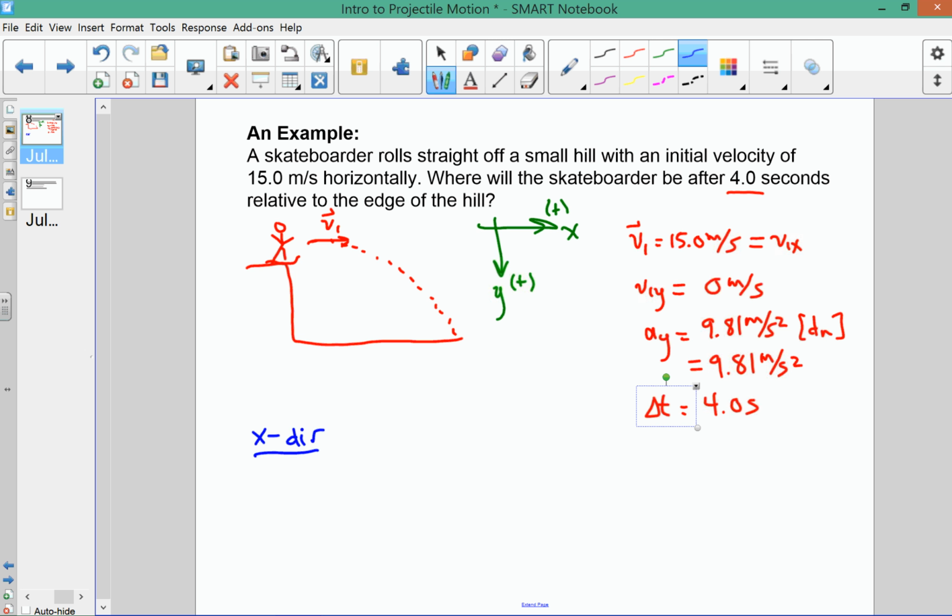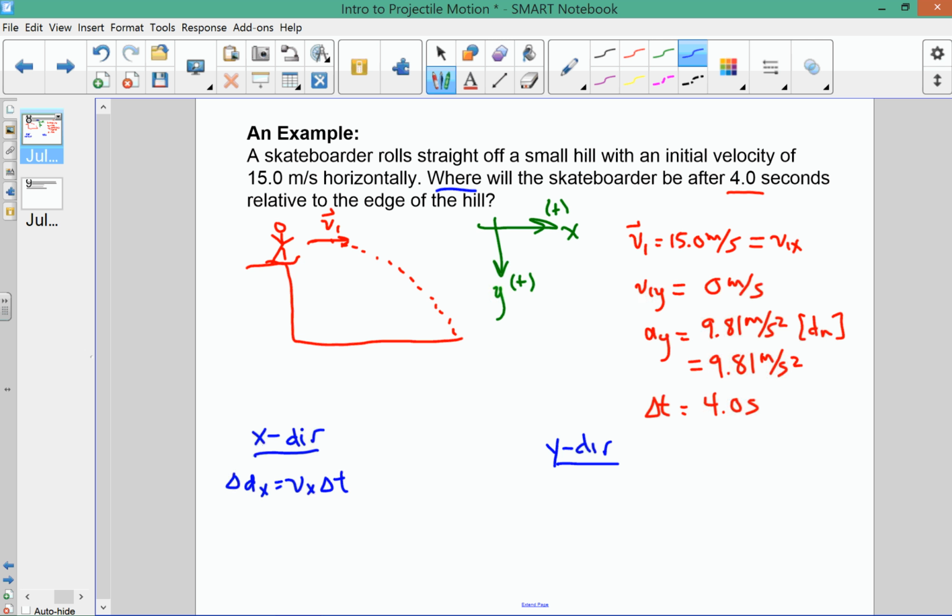I have 2 columns to my solution. One represents the x direction and one represents the y direction. Now, in the x direction, I want to know where the skateboarder will be after 4 seconds. So where means what is his displacement in x and what is his displacement in y. So if I'm interested in displacement, here's the only equation for constant velocity.